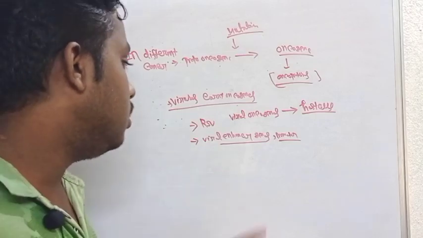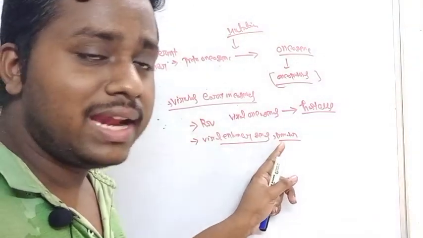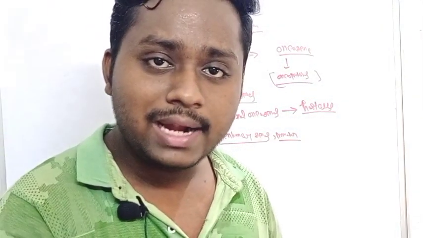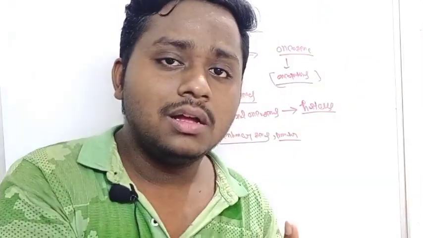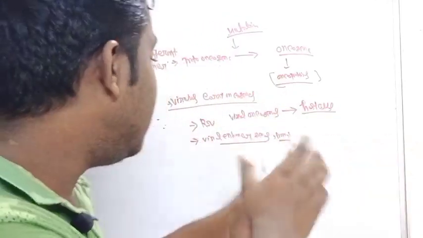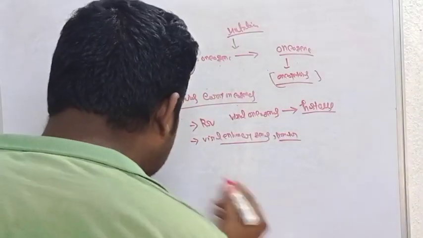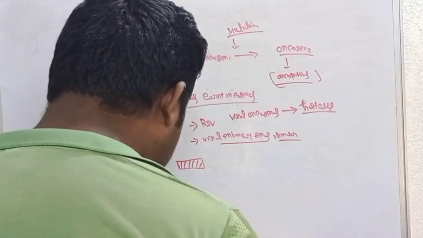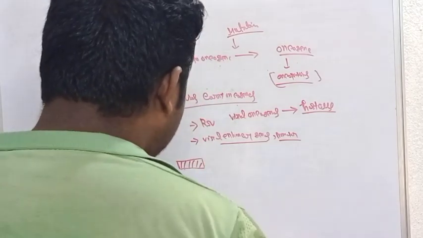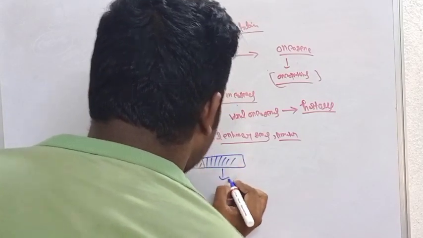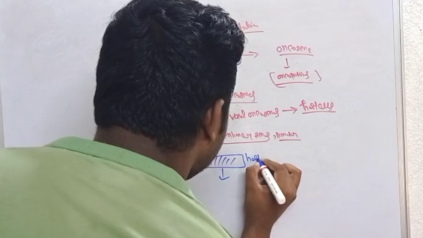How is it possible? The promoter region of a viral gene enters our host cell and gets stuck with a gene which produces lots of proteins. Suppose this is a viral gene, and this is a normal host cell gene.